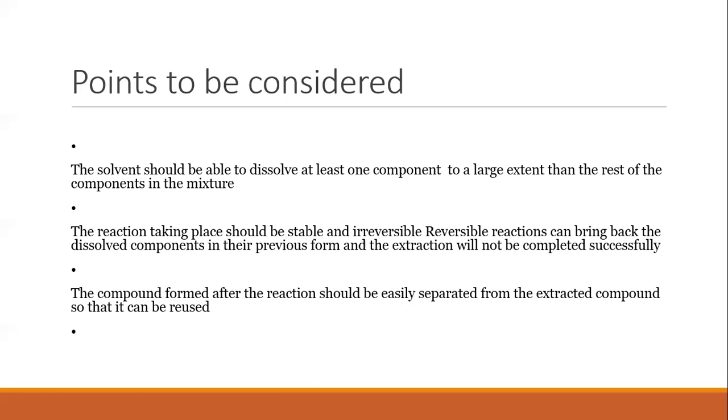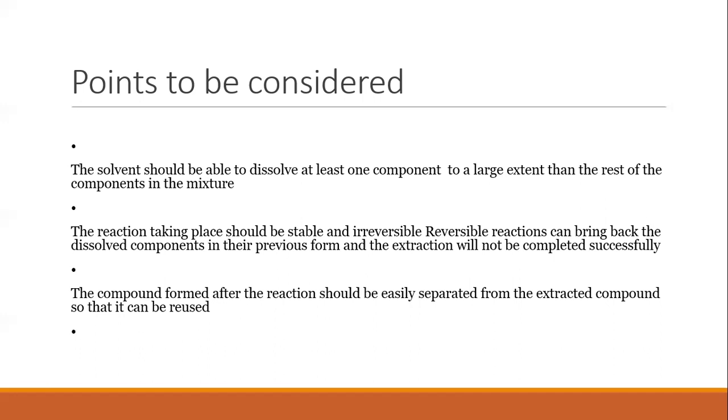The second thing is the reaction taking place should be stable and irreversible. Whatever the reaction is taking place, it should be stable and it should not be reversible, because a reversible reaction can bring back the dissolved components in the previous form and the extraction will not be completed successfully. If it's reversible, then of course your dissolved components will come back into the original form.